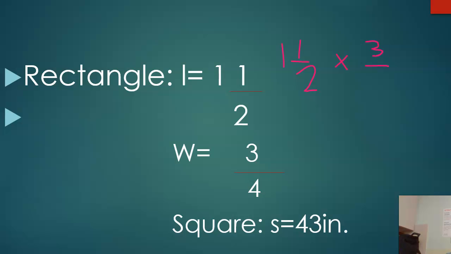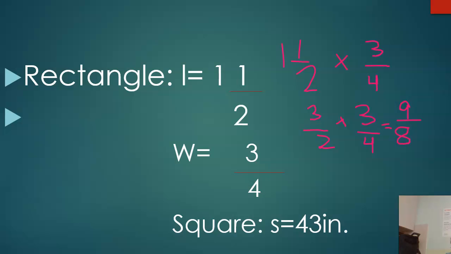So in order to multiply this, the area of this rectangle, we have to change this to what? 3/2 times 3/4. And we cannot cancel 3/2. We cannot cancel 3/4. So we're going to multiply across, and that's going to give us 3 times 3 is 9. 2 times 4 is 8.